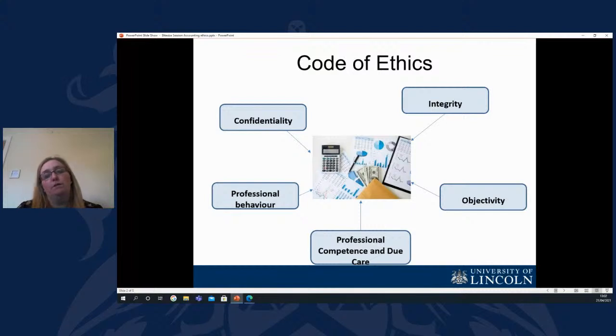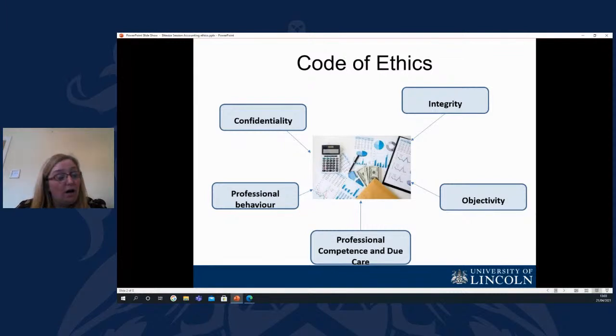But if you think about it, when you start to work as an accountant, you might study and do a degree, and then you'd start as an accountant, but you'd only be a trainee, and you actually still have to show professional competence and due care as well. So one of the most difficult things that can happen as a junior accountant is that you have to think, well, really, do I know how to do this? And sometimes that means that you might have to say no.